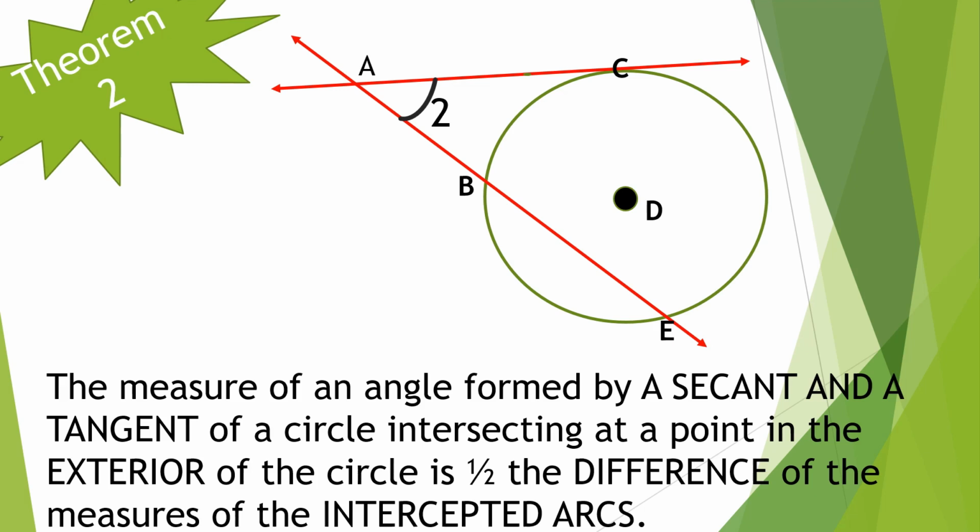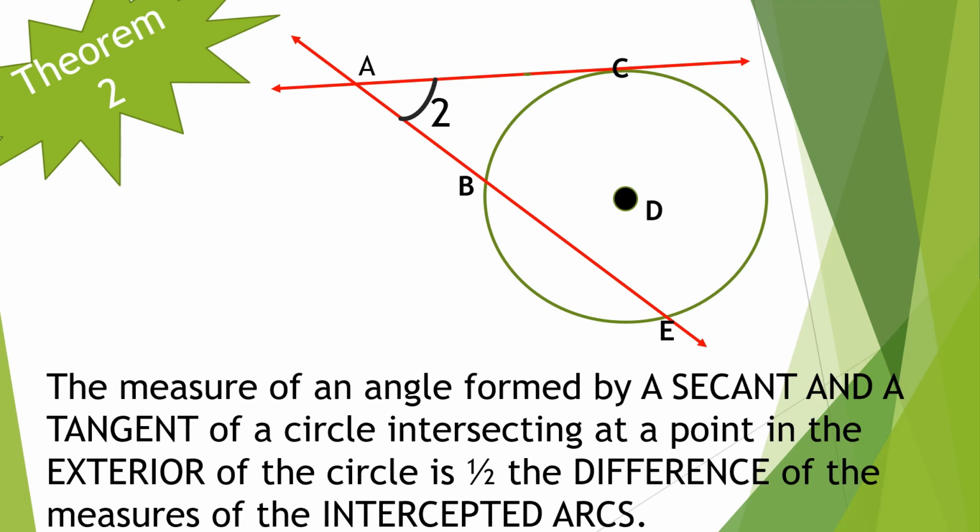What are the two intercepted arcs? CE, this one here, is one of the intercepted arcs. Always take first the bigger arc, because the difference must always be the bigger arc minus the smaller arc, so the result will always be positive. So CE and CB, or BC.